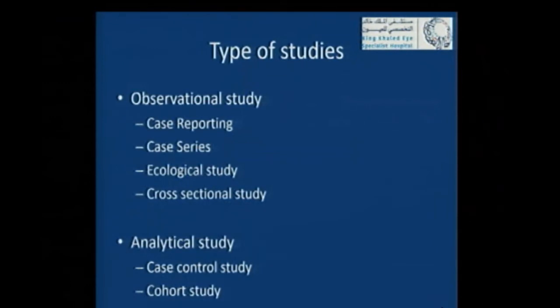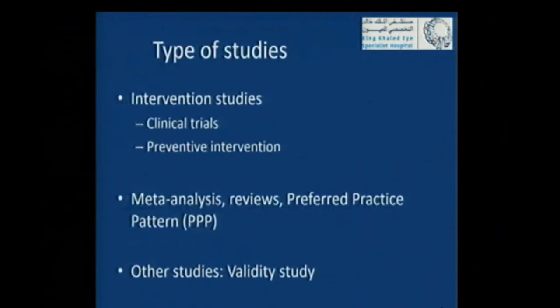When we are doing research, we have to remember, I will show you the pyramid, that as far as possible we should try to get solid evidence. So there are different types of studies. Observational studies, which are very popular among clinicians, like case reporting, case series, ecological studies, and cross-sectional studies or surveys. Analytical studies are those in which the time factor is involved, where case control and cohort are the classic examples.